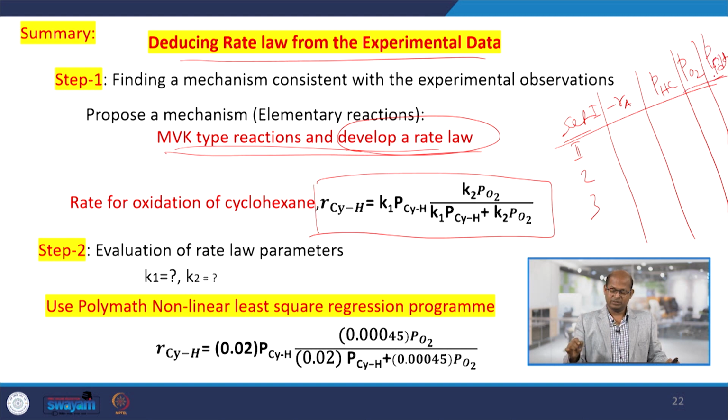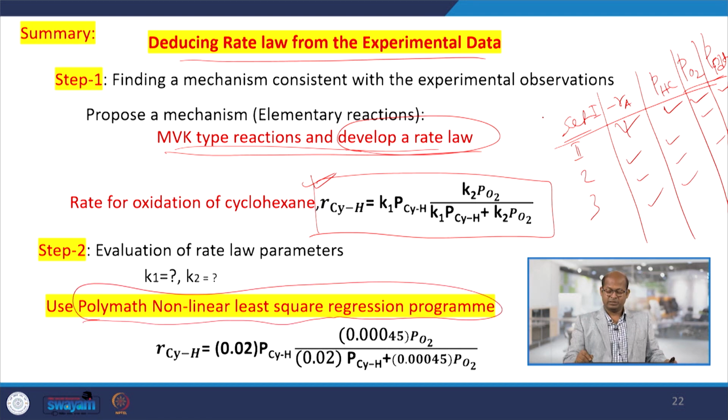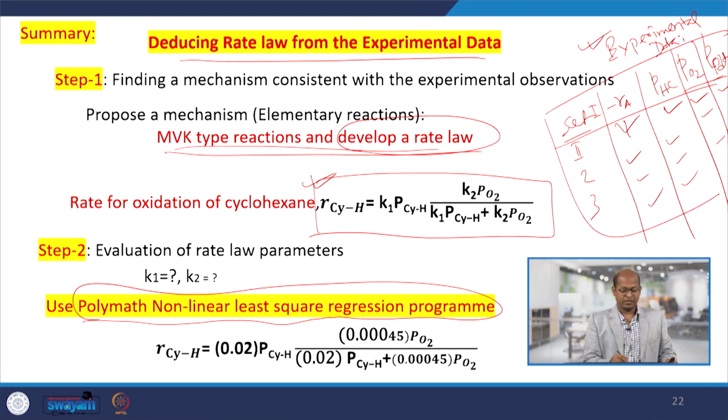So, these are the things we have, and the rate also we have, in these tables. Now this is a nonlinear equation, so we use the Polymath nonlinear least square regression program. This is the experimental data, in a table, and theoretically we have developed this.